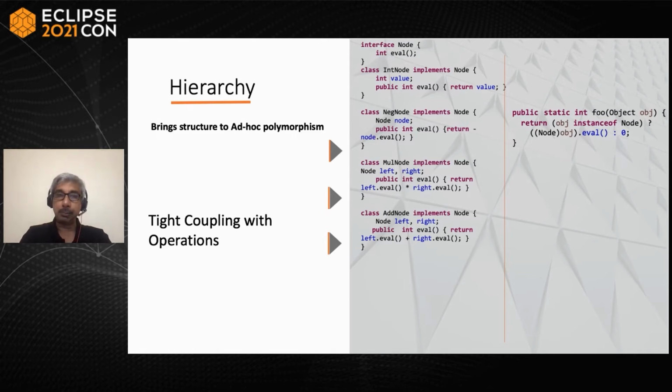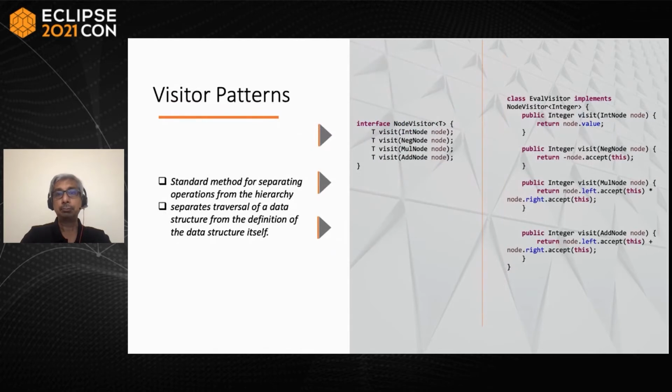So the real problem here is we are coupling the hierarchy with the operations. So the way forward is to bring in the visitor pattern and separate this tight coupling of the hierarchy and the operations. And this is something which you must be very familiar with. It's a visitor pattern.